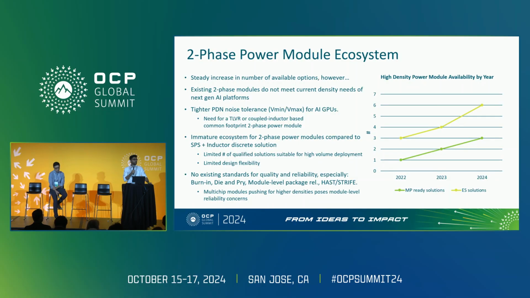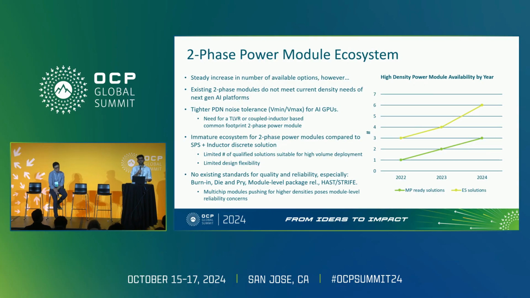Having said that, for next generation AMD AI platforms, these modules still fall short of meeting the current density requirements. And on the upcoming AI platforms from AMD, the PDN noise tolerance requirements for the GPU rails, and of course the HBMs, are getting tighter with even higher load steps and even higher di/dt. The existing two-phase power modules in the industry today all share a common footprint and are implemented using discrete inductors.